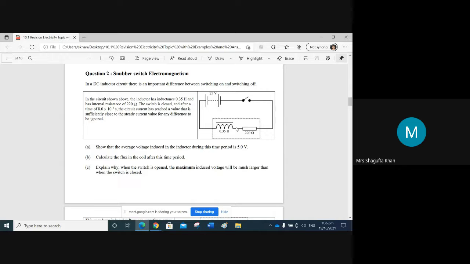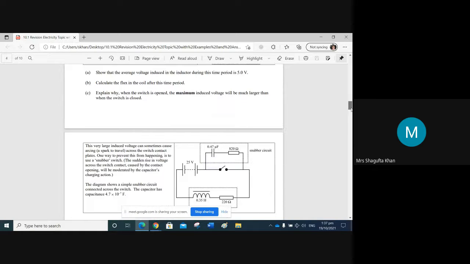So the inductor becomes like a little battery when the current is changing, or the magnetic flux is changing. This end will become positive, this end will become negative, so it will oppose the battery. So current will not reach its maximum value instantly; it will reach it with a delay. Once the current becomes constant, there will be no voltage across the inductor.